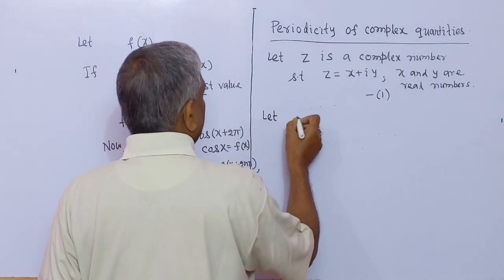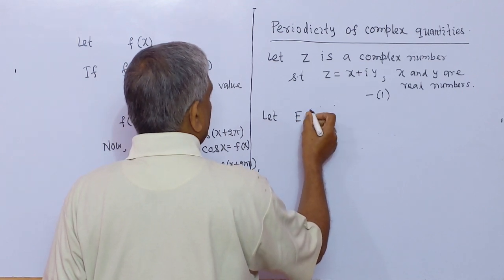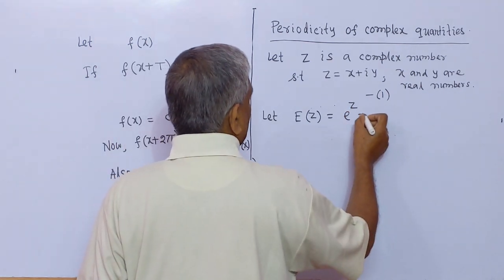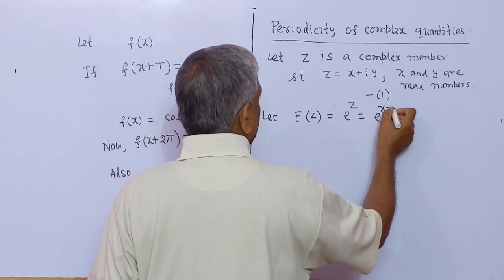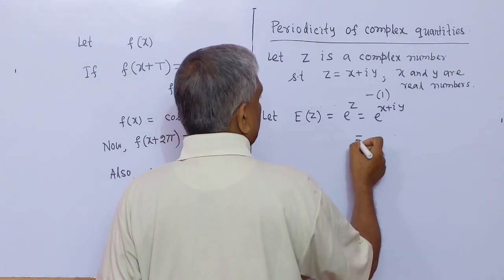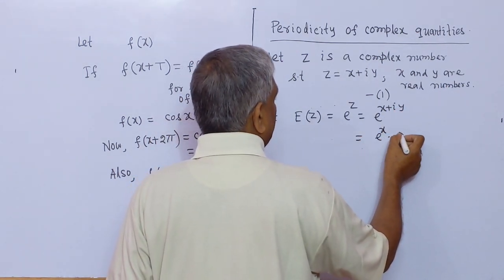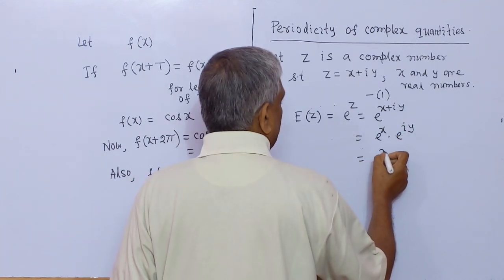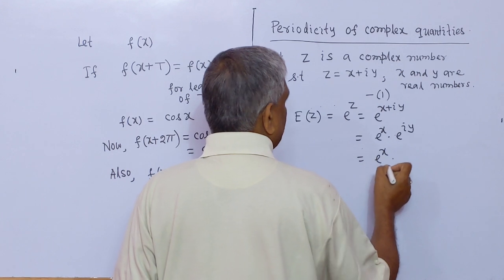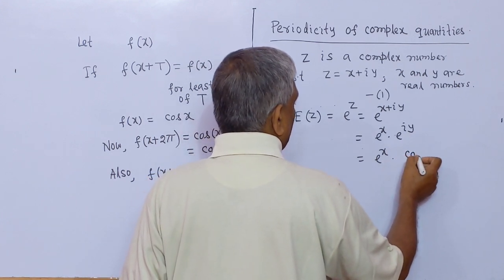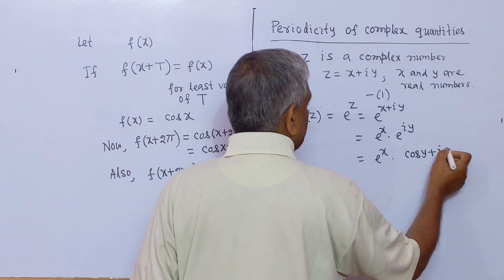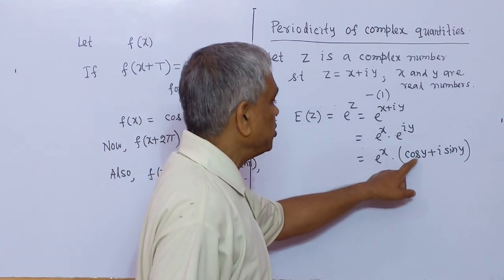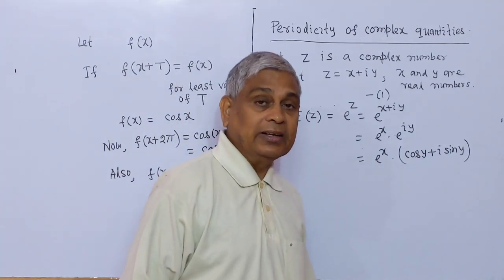Let E be a function E(z) equal to e to the power z, and this will be e to the power x plus iy. This will be e to the power x multiplied by e to the power iy, and this will be equal to e to the power x multiplied by cos y plus i sin y, because e to the power i theta equals cos theta plus i sin theta.